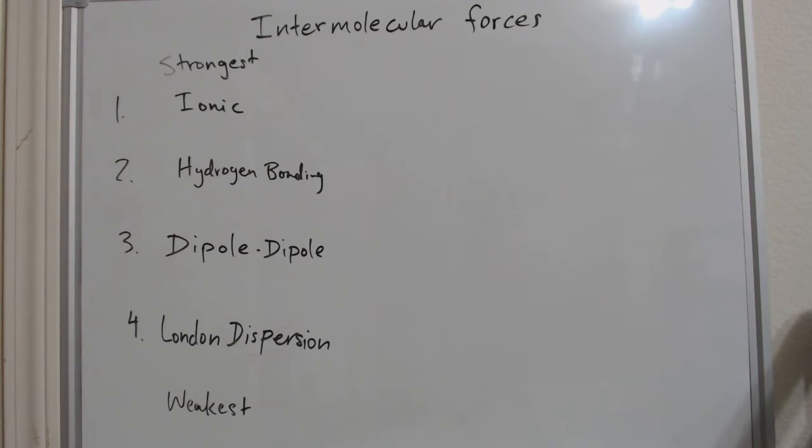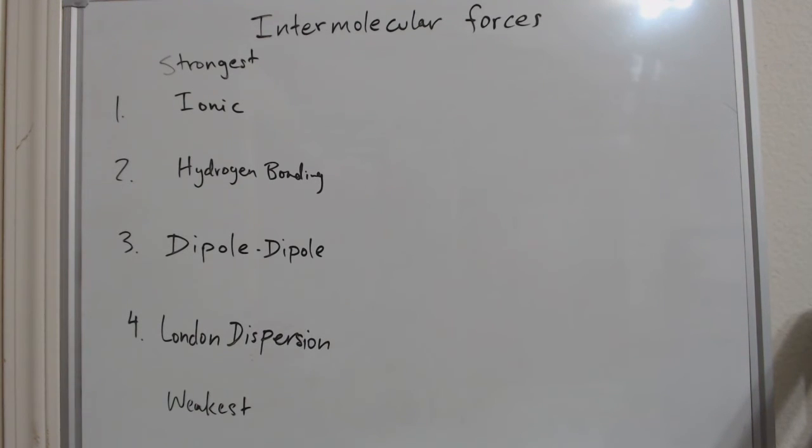Now the second strongest is hydrogen bonding. That one's stronger than dipole. And then the weakest one is London dispersion forces. Of course, the strength can correlate to boiling point and melting point.